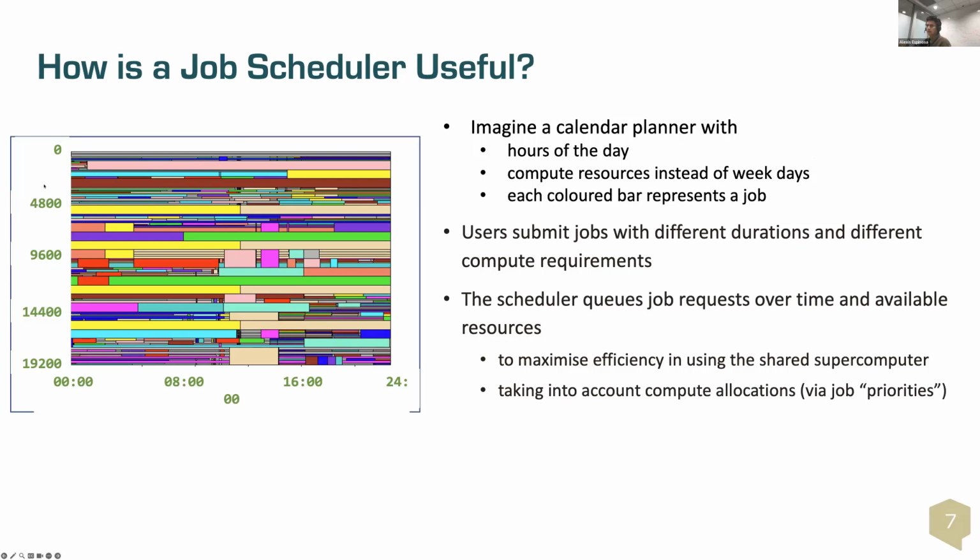So what we have in the y-axis are the different cores, and in the x-axis is time. What you can see is, for example, these sort of fat jobs are using cores from around, let's say, 6,000 to 7,000.